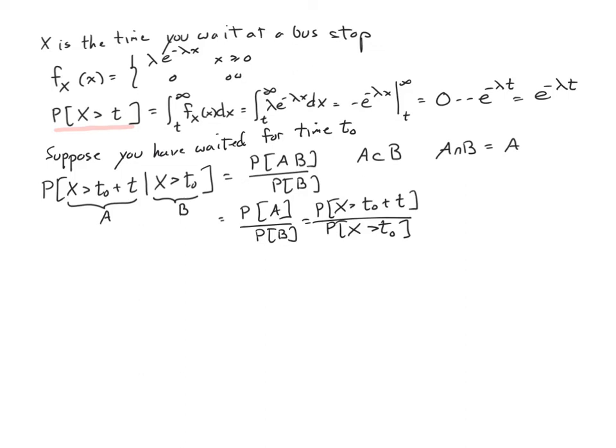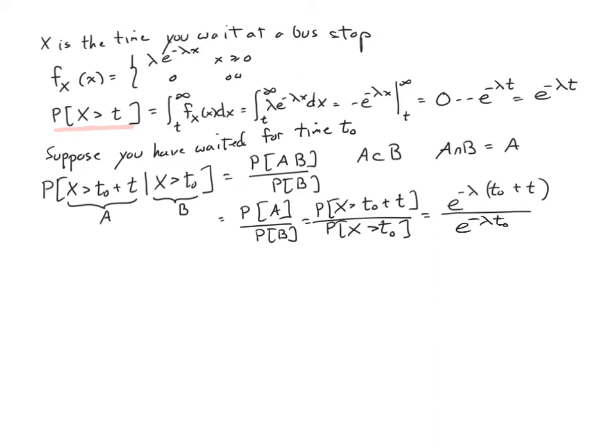Specifically, we can show the numerator is e to the minus lambda (t0 plus t), and the denominator is e to the minus lambda t0.